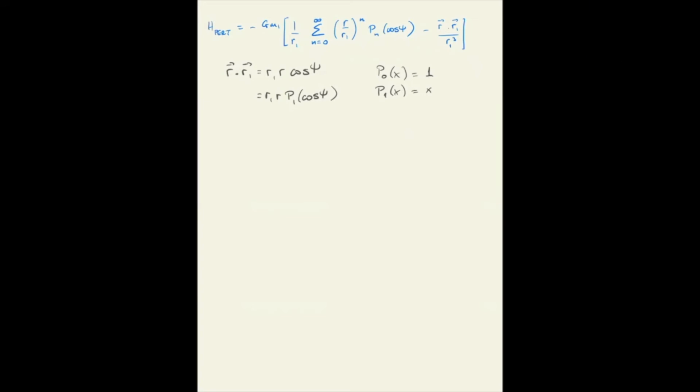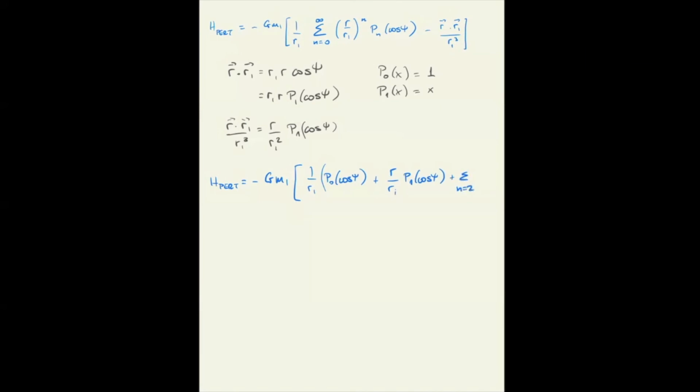Because then what we have is that the last term in the perturbing function becomes r over r1 squared times the first Legendre polynomial, which is identical to the n equal 1 term in the expansion. So the n equal 1 term in the expansion cancels. What we have then is that the perturbation Hamiltonian is G m1, 1 over r1. Now the zero term is r over r1 to the 0, so just 1, P0.